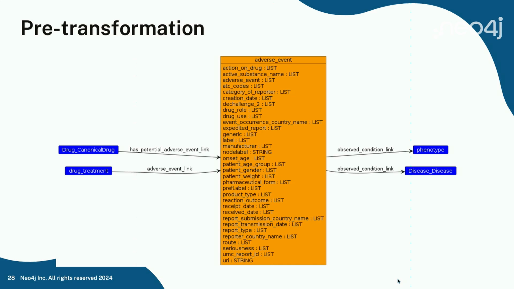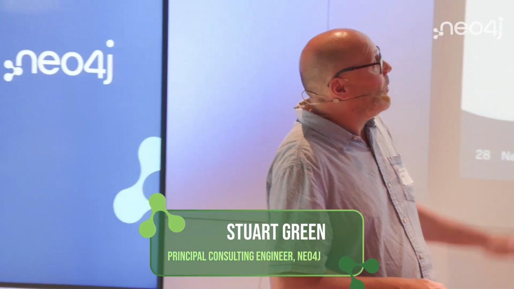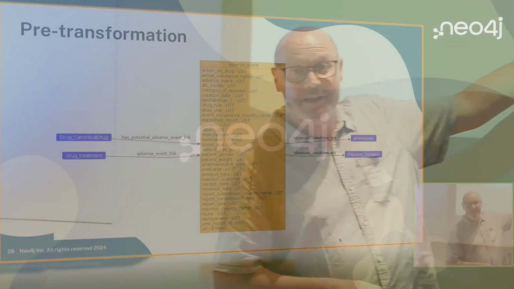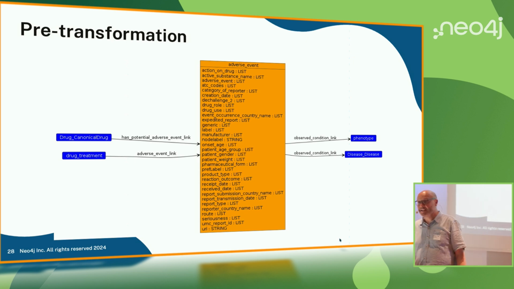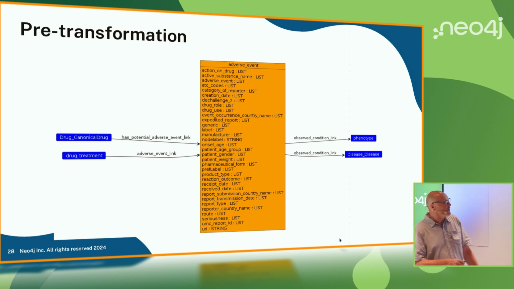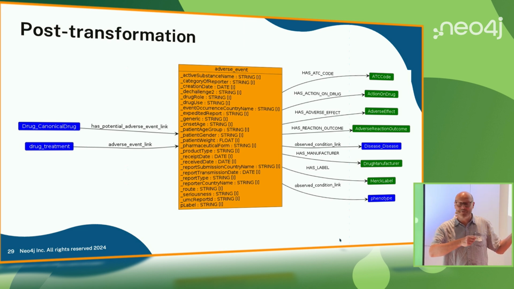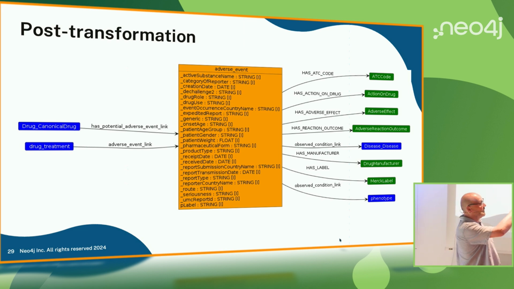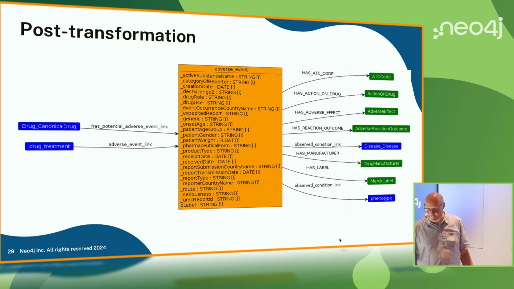Then if we look at a slightly more complicated example from the data we imported, around an adverse event, you can see some nodes connected to this node which has all these properties in the middle, and they are all currently list values. We would apply our transformation to that, and that would result in us adding further nodes into the graph, representing some of the things in this list. So we're doing this post-transformation on there.